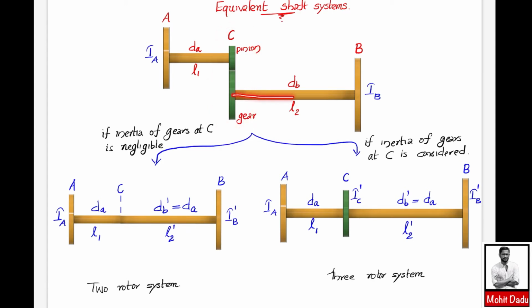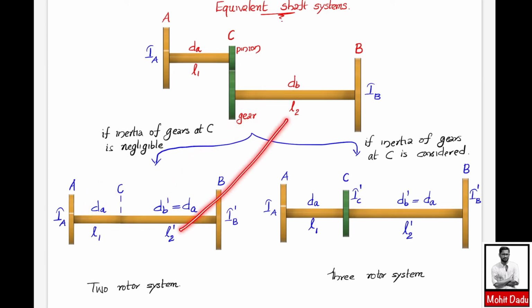Then the remaining geared shaft will form a single shaft, whose length will be L2 dash compared to L2. So that length will be changing, that means we are finding an equivalent part. And this dB will change to dB dash, but here we maintain a single diameter similar to dA, so dB dash is equal to dA.